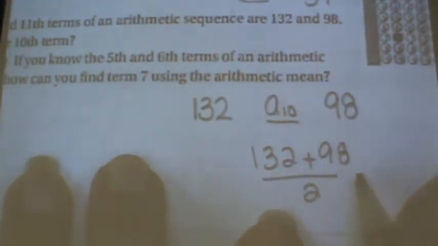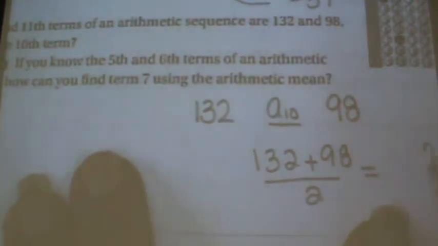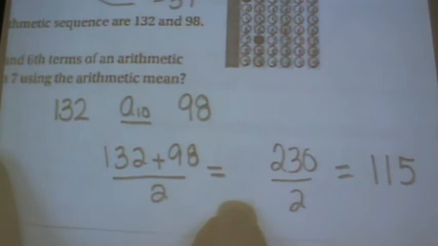Add these up and divide by 2. Tell me what you get. Anyone? 115 is the middle term.